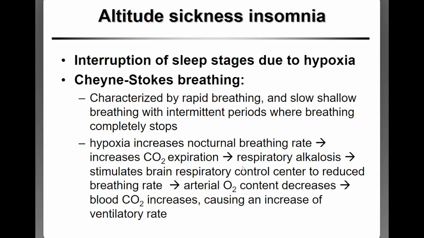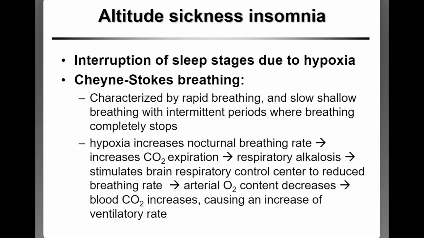And so this alkalinity is going to be detected by the chemoreceptors, and it's going to stimulate the brain respiratory control center to reduce the breathing rate so that CO2 can now build back up to normal levels. While ventilation is suppressed, O2 content decreases.